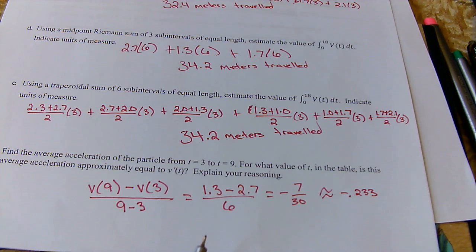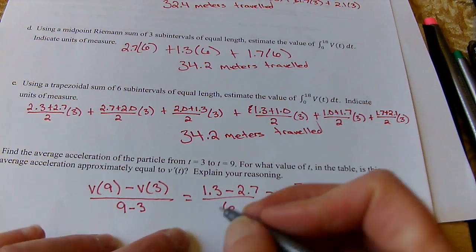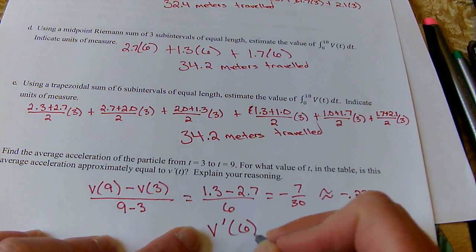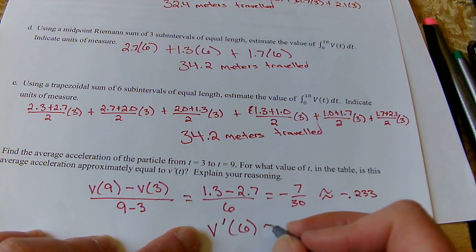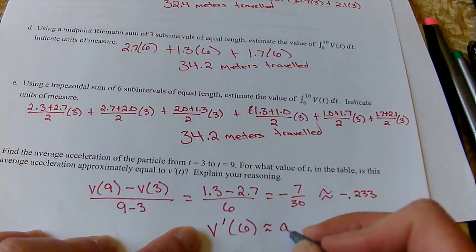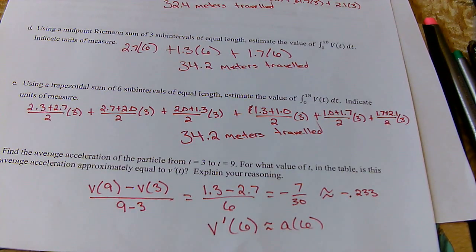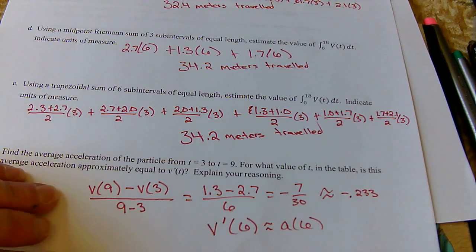So where would the change be approximately equal to that? So think logically, where would that be closest to the slope of the tangent line? We're finding the average from 3 to 9, so the instantaneous velocity at 6 would be approximately the same as that average velocity at 6. Because if we average, we're getting the average around 6, that's going to be the closest one.